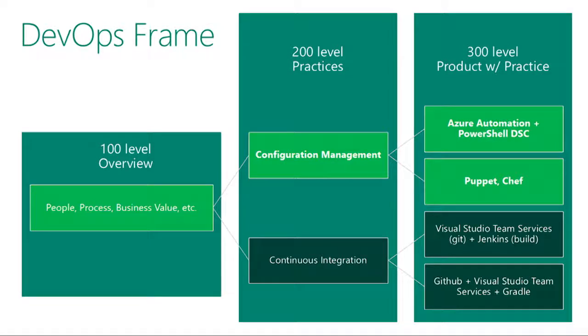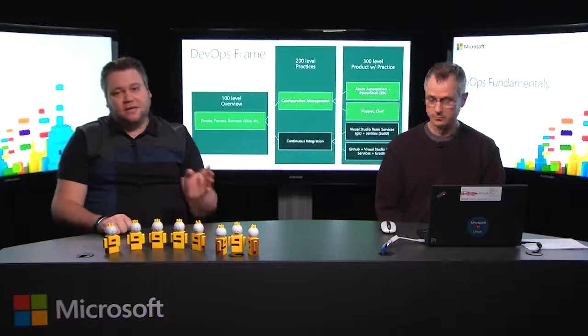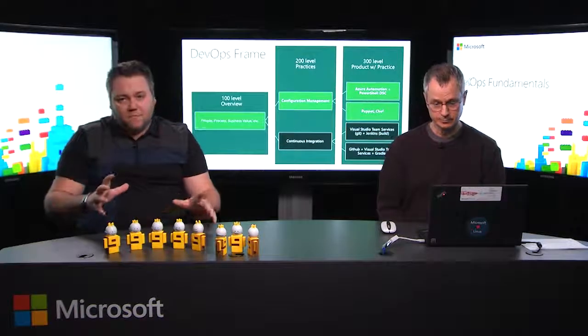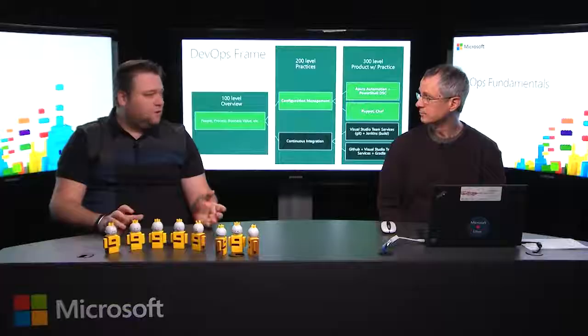And then, of course, on the practice itself, this is the configuration management practice. And then finally, from there, you can map to different products from Microsoft or from others. And today, the ones that we're going to cover are PowerShell DSC, Azure Automation, Chef, and Puppet.